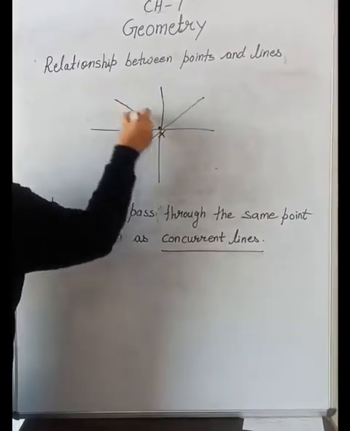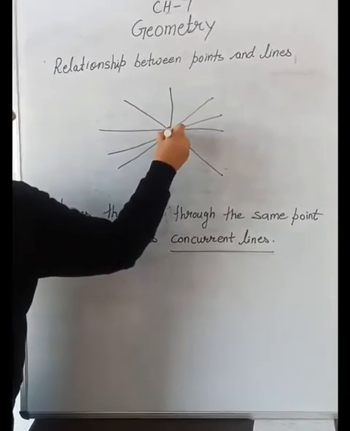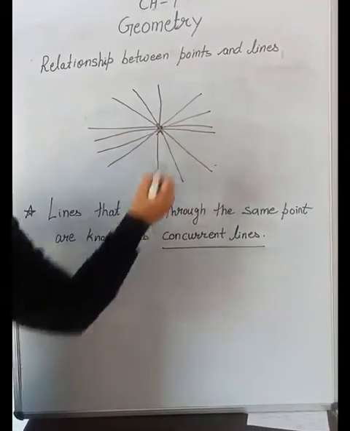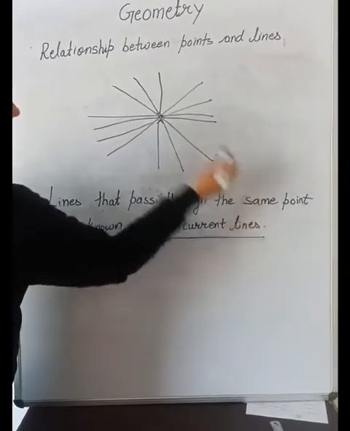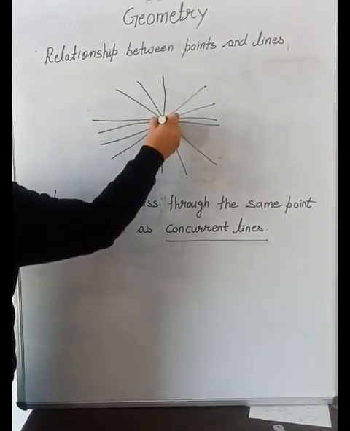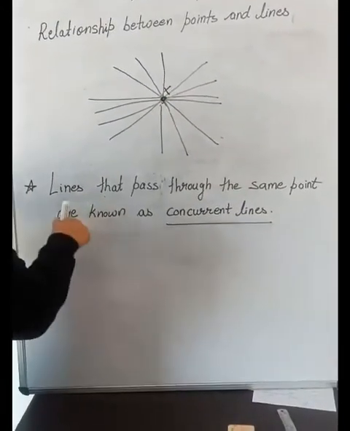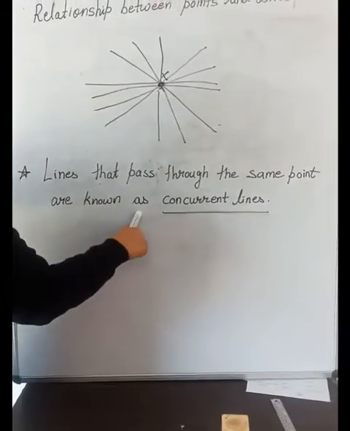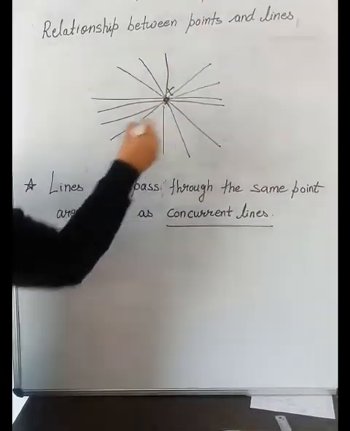So these lines pass through only one point, that is point X. Lines that pass through the same point are known as concurrent lines. So these are concurrent lines.